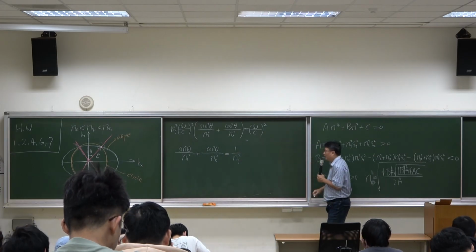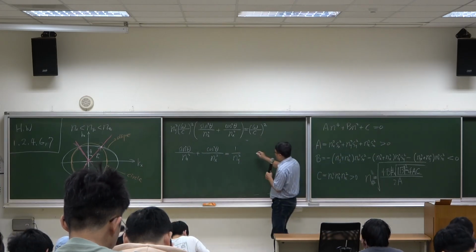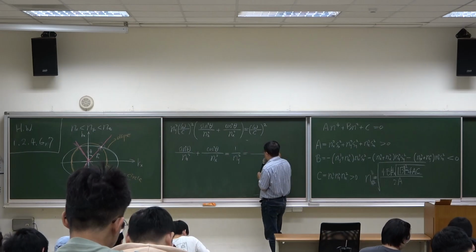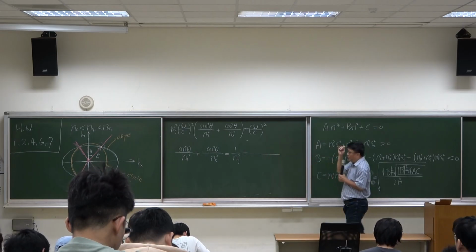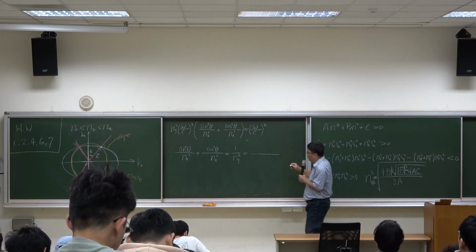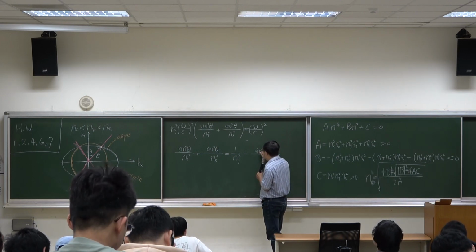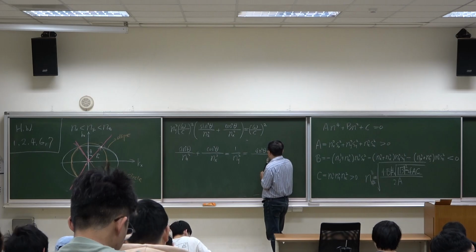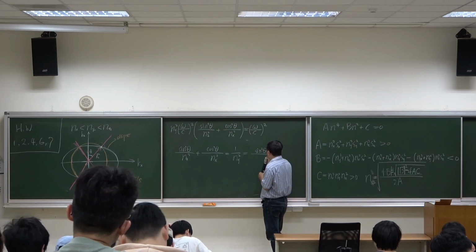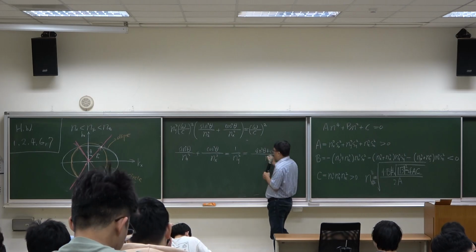Okay. However, we have the identity that the sum of sine squared and cosine squared equal to 1. So we can write 1 as the sum of sine squared plus cosine squared. Okay.